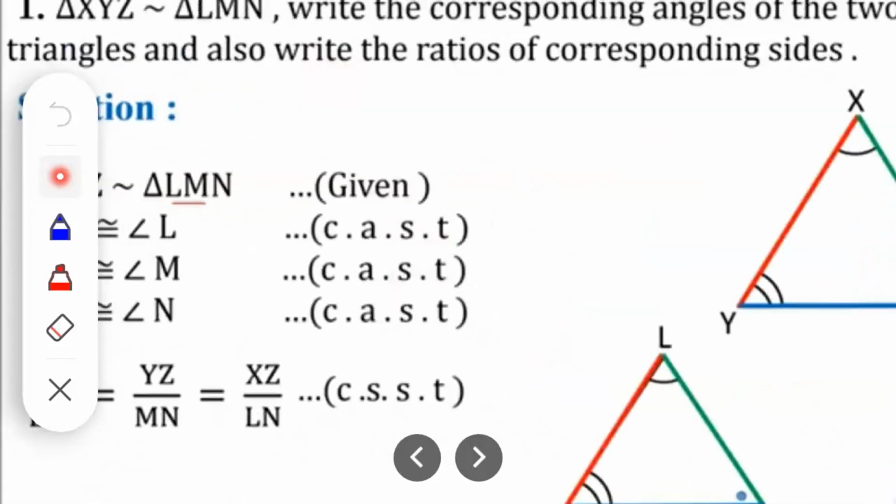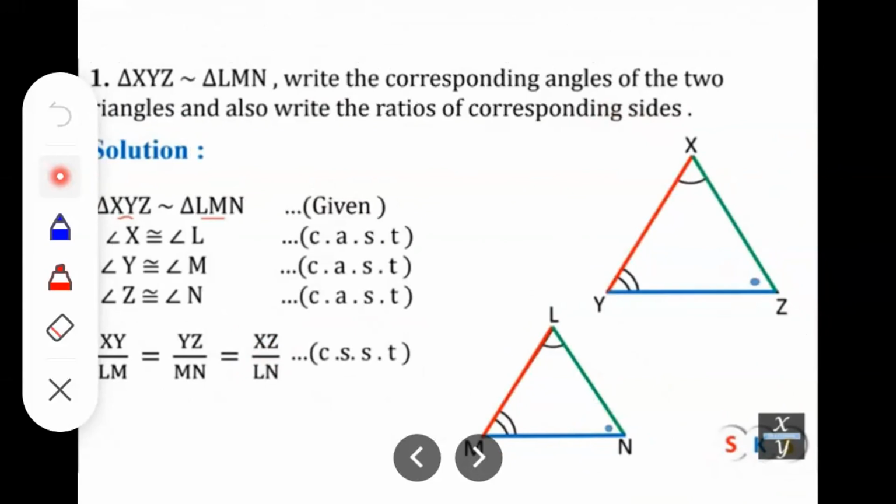Now see, the first vertex X is congruent with the first, that is L. So write it: angle X is congruent to angle L. The middle vertex, angle Y, is congruent to angle M. And similarly, the last vertex, angle Z, is congruent to angle N.